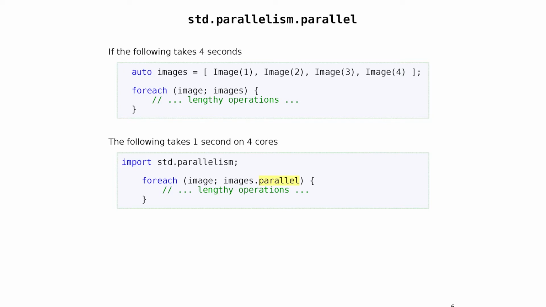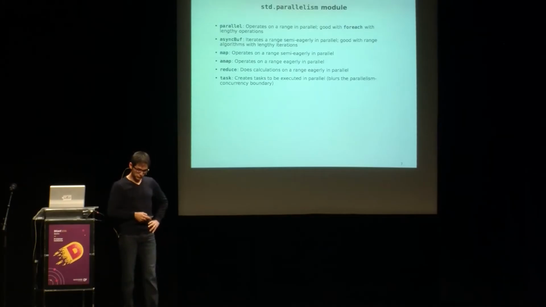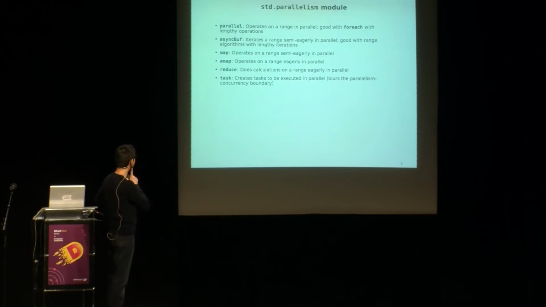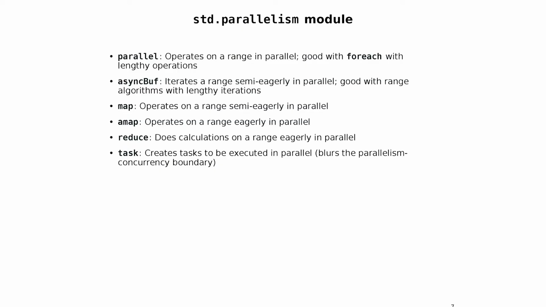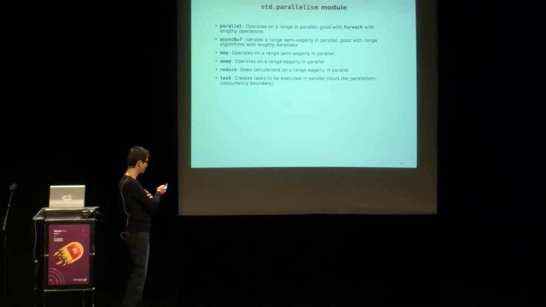So this is parallelism. And the standard parallelism module has these other great features, closely related, all based on doing things in parallel to complete your task, elements in your range, elements in your array, processed in parallel.